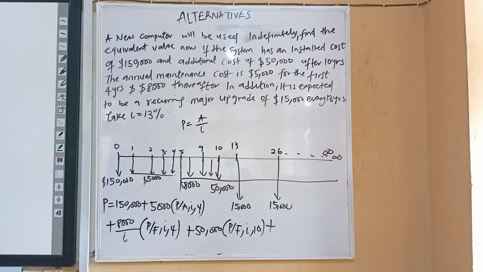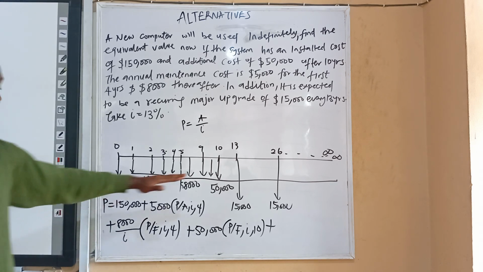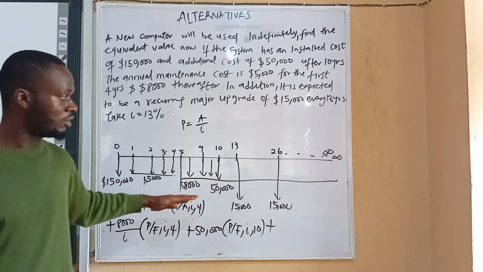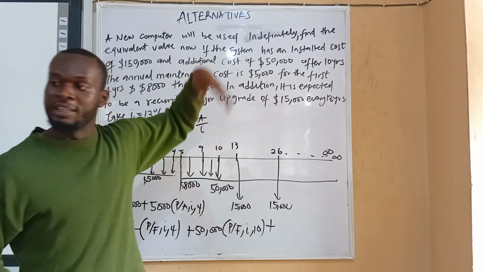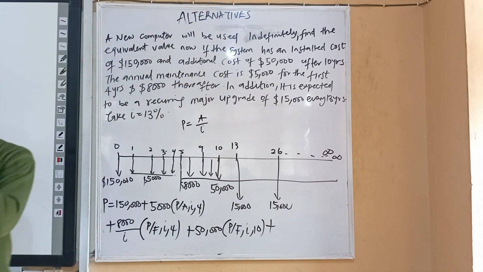So also there is an expense that occurs every 13 years. It means that there is an annual payment that is uniform for the first 13 years, also uniform for the second 13 years, till infinity. So we're going to find that value.